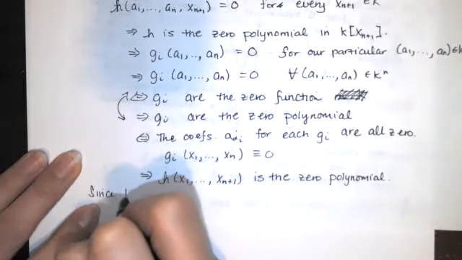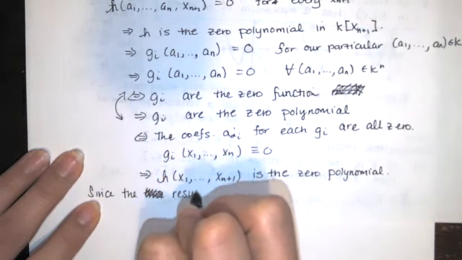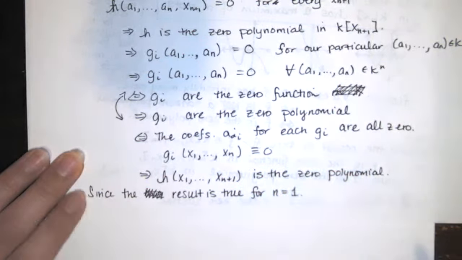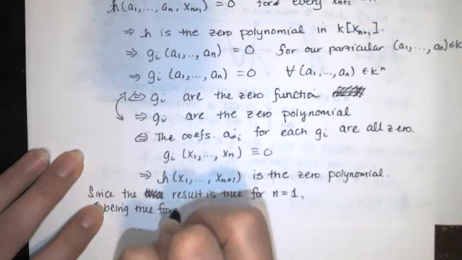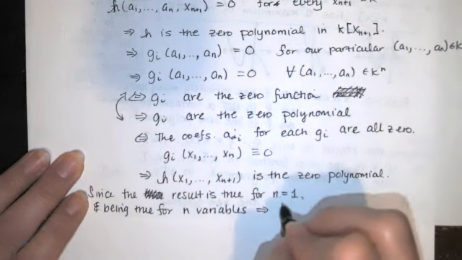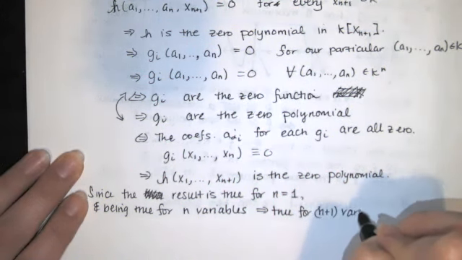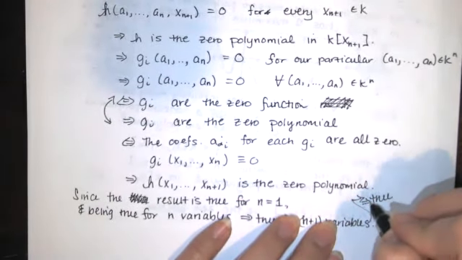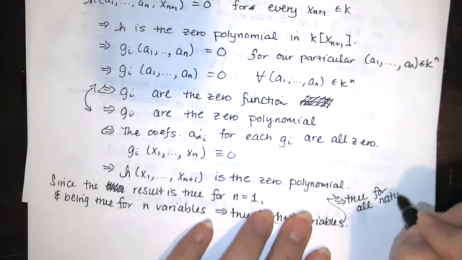So we'll say since the result is true for n equals 1, and being true for n variables implies that the result is true for n plus 1 variables, then the result is true for all natural numbers n.